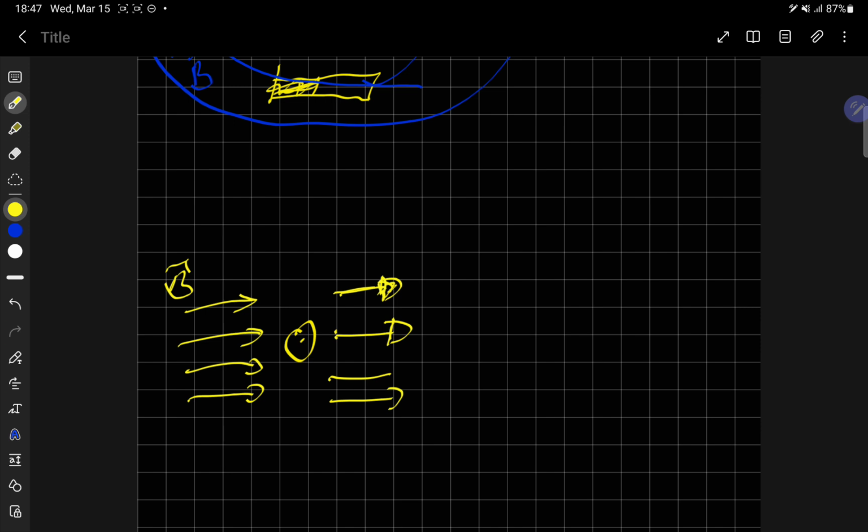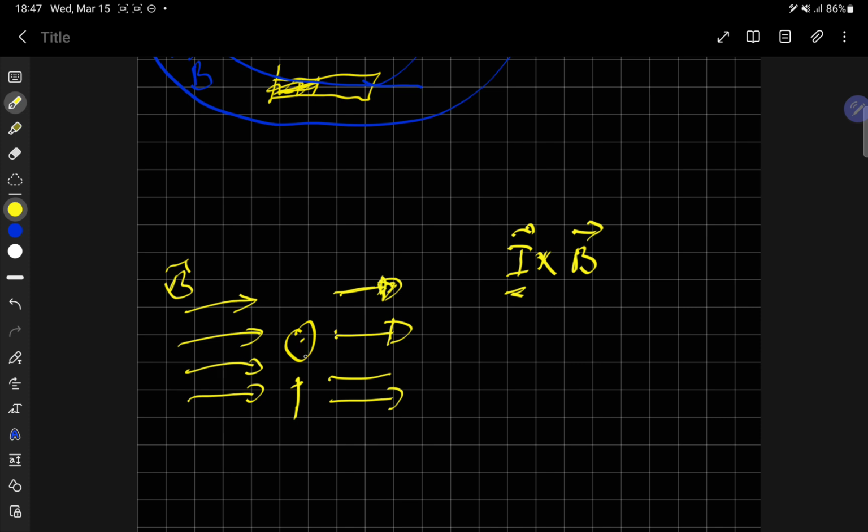This is also an experimental fact: the force on this wire is the cross product of the current through that wire and the magnetic field.